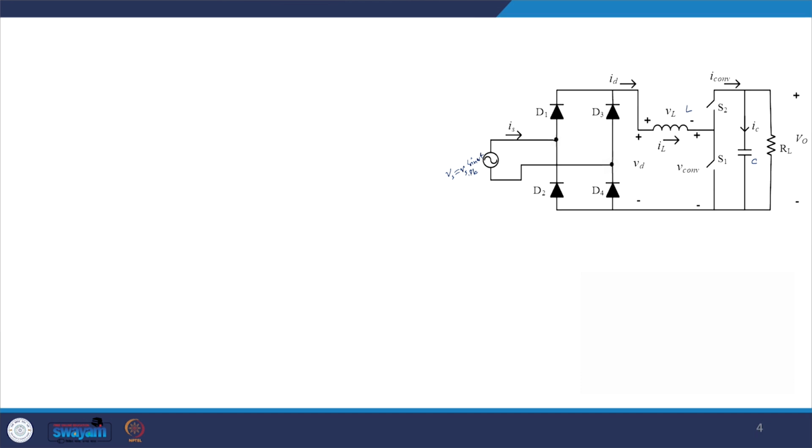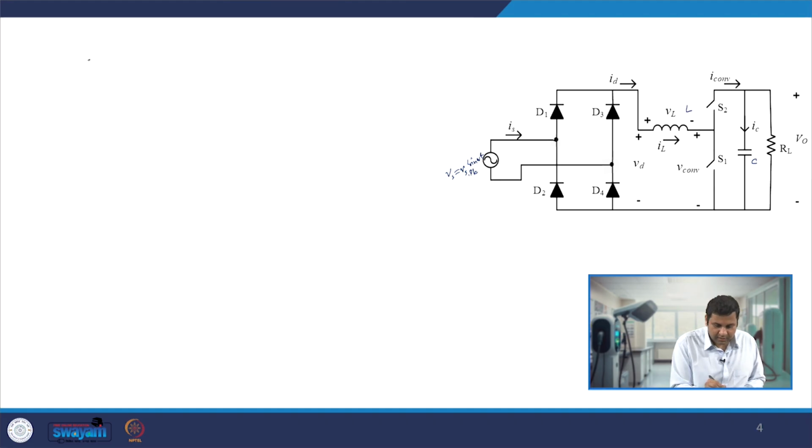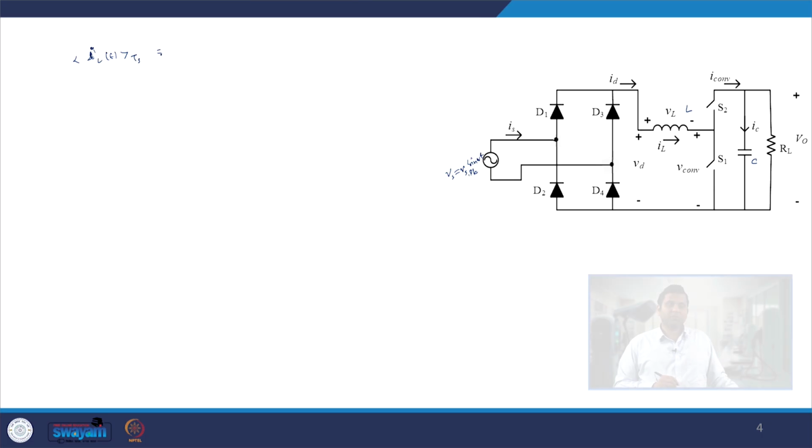So let us take our discussion ahead. We know that my Ip always varies with the modulus of Vs, and let us calculate the average variation of IL over the Ts period.